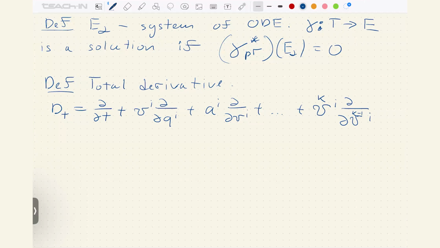Why it is called like this is, you see, it's just a first order differential operator, or geometrically locally it's a vector field on a jet bundle, but the name is justified by the following property.